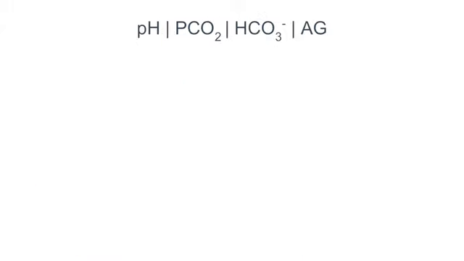Okay, here's another question. What would the pH, PCO2, bicarb, and anion gap be in a patient with severe diarrhea from a viral infection? Recall that diarrhea is the D in the mnemonic HARDASS, which is useful in remembering the causes of a non-anion gap metabolic acidosis.